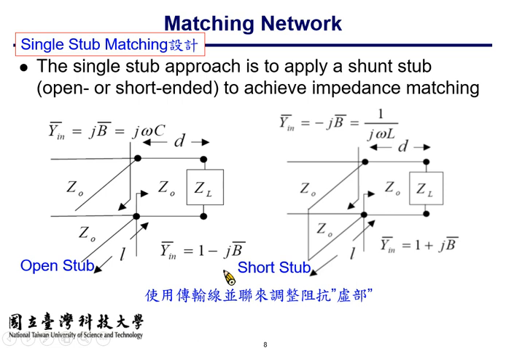So a quarter-wavelength-long short-terminated stub is equivalent to an open stub with zero length. On the other hand, an open stub of a quarter wavelength long is equal to a short stub. So it is not necessary to use only a short stub or an open stub. Both will do for the single stub matching technique.